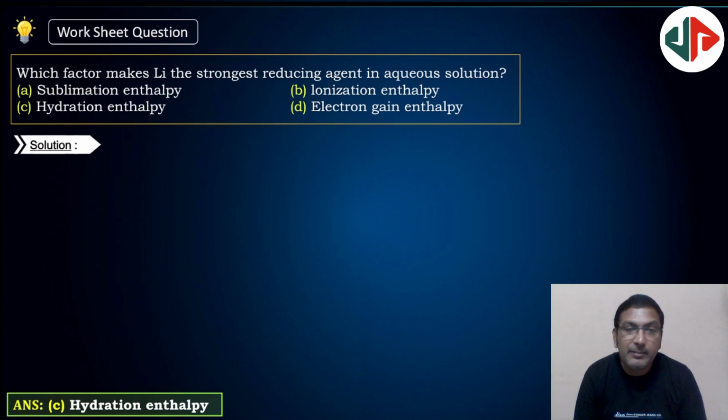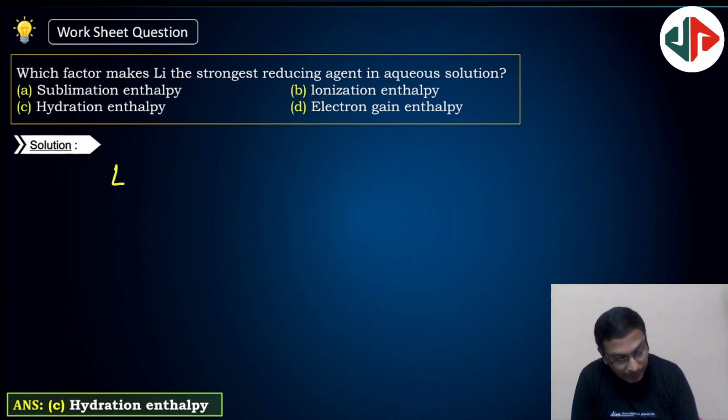So which factor makes Li the strong reducing agent in aqueous solution? Lithium is the strongest reducing agent. Lithium will be changed to Li+.